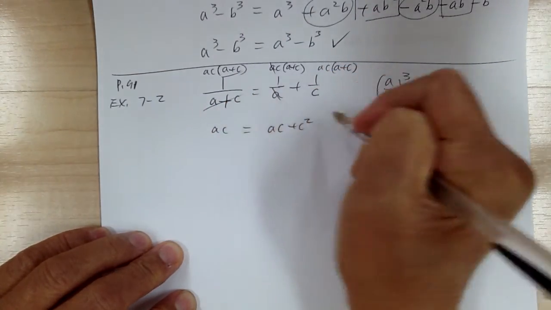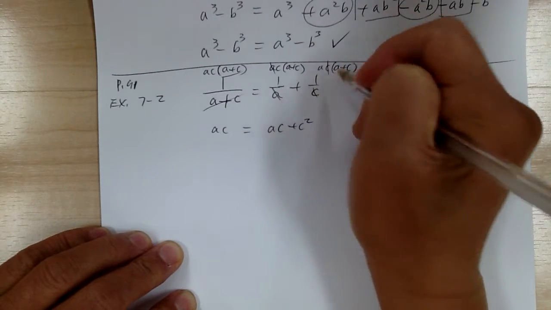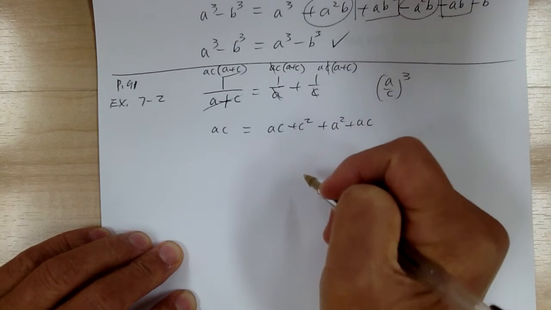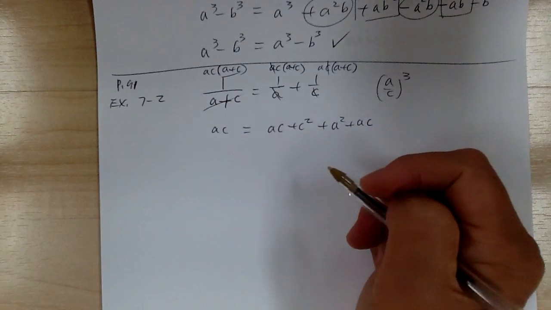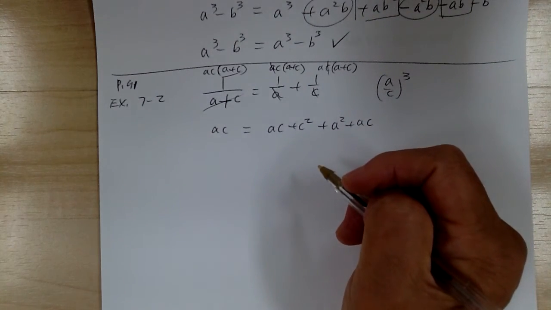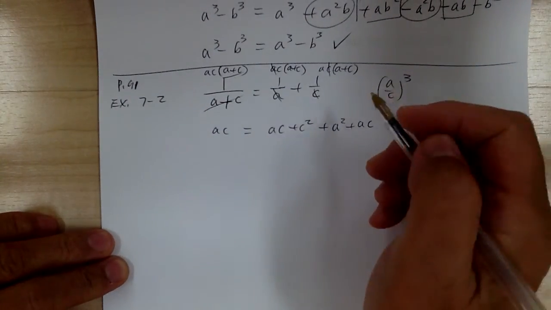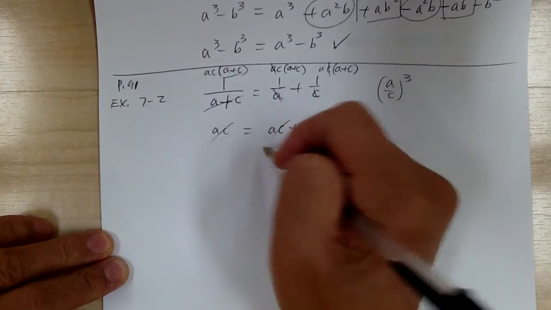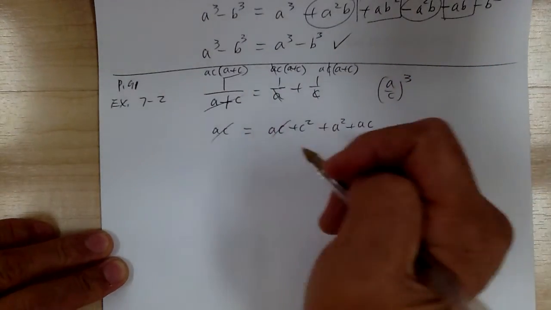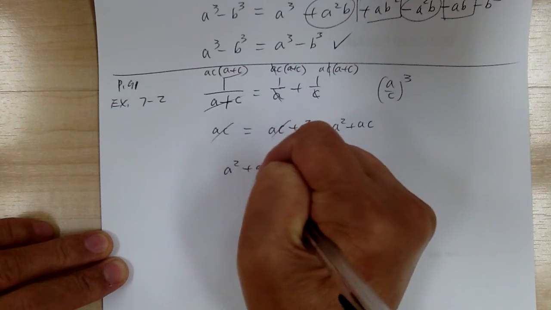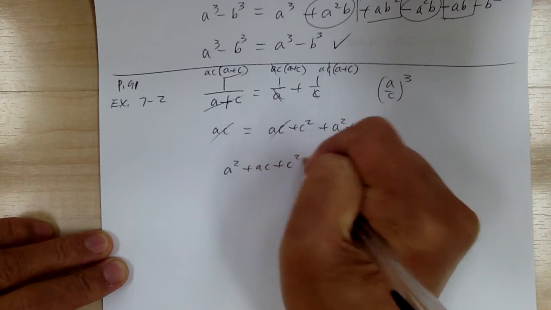So you got ac equal to ac plus c squared plus a squared plus ac. And go ahead and move things around. So this cancels out. So you end up with a squared plus ac plus c squared equal to 0.